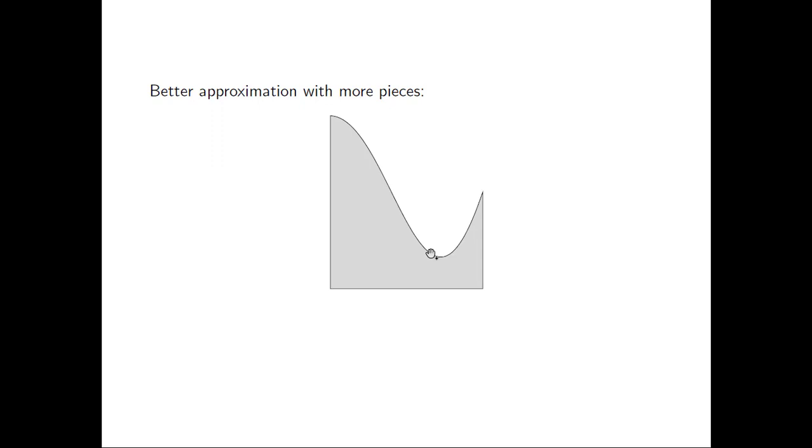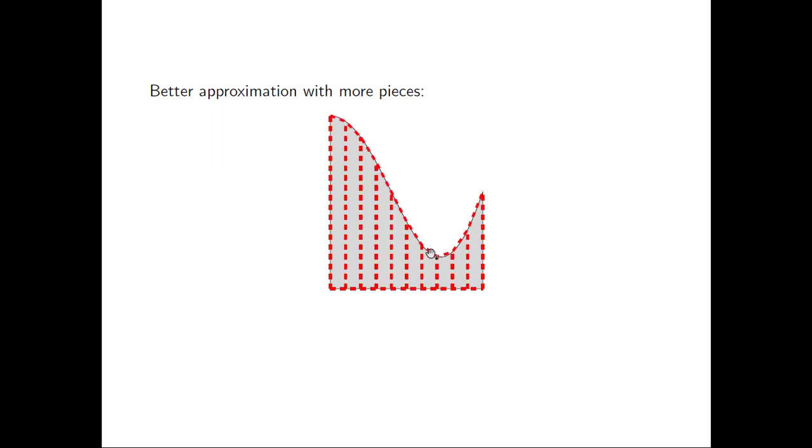Now notice that if we divide the area into more pieces, we get a better approximation. For instance, here is a picture where we've divided the area into 10 pieces. As you can see, there is much less error now. In fact, you can hardly see any error at all, though of course there is still some error.